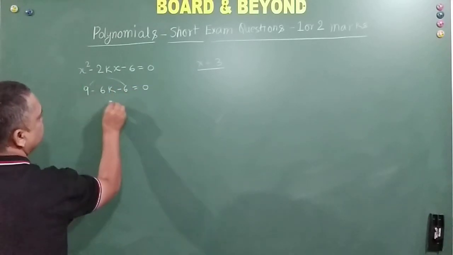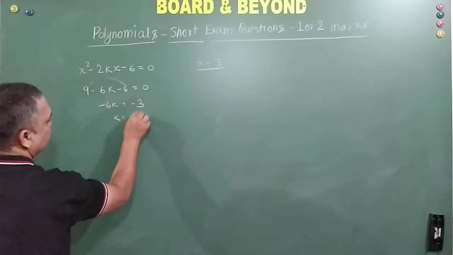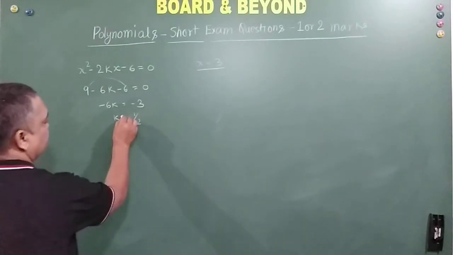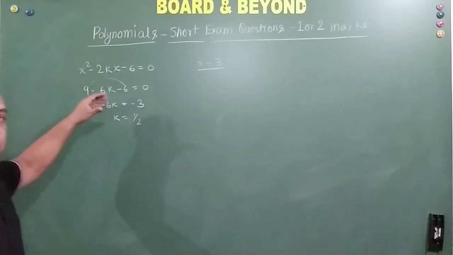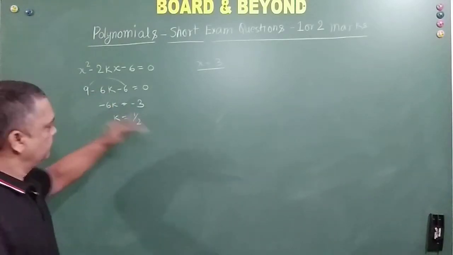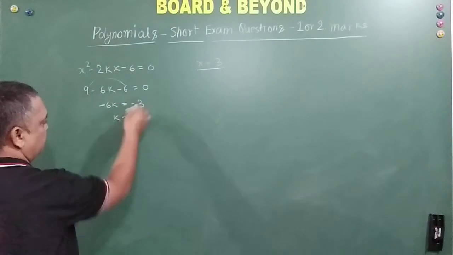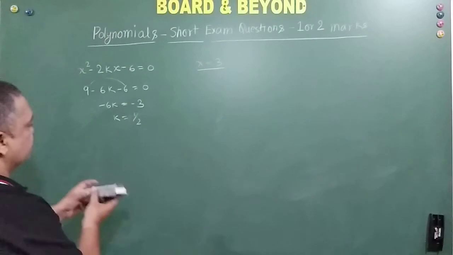So this is 3, so minus 6k is equal to minus 3, k is equal to half. Right? So I have basically gone fast and skipped a few steps here. Okay, so k is equal to half.